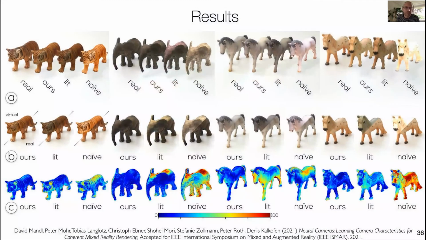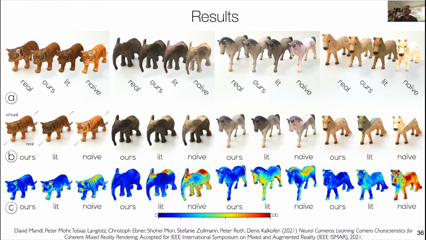The other thing we did, apart from this qualitative visual result, is we also analyzed the error more quantitatively. And this is what you see here. We did it for many of these figures in different environments. So always, what you see is the left-hand side is the real figure.